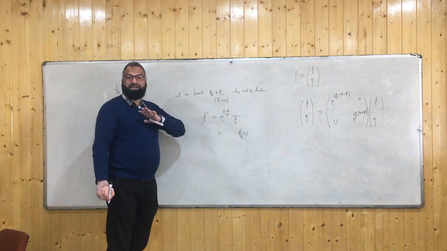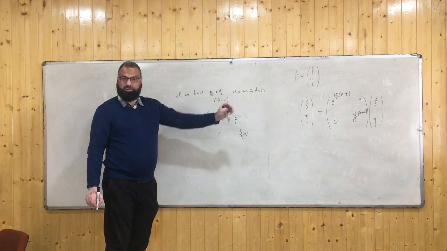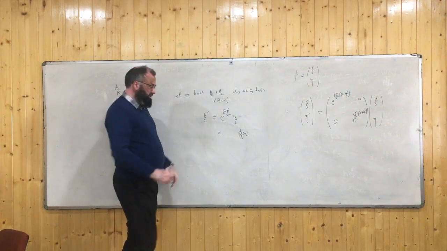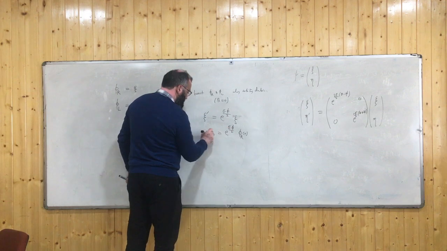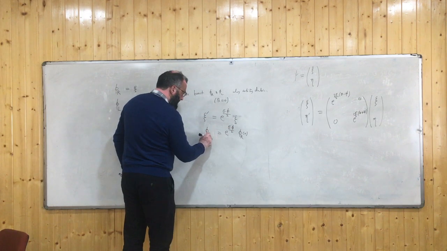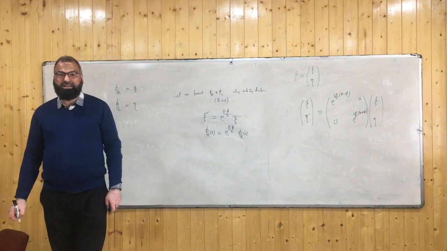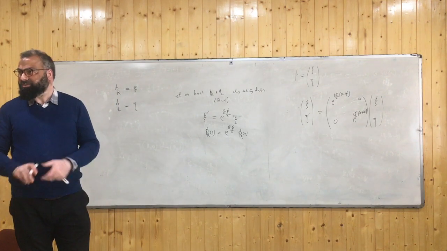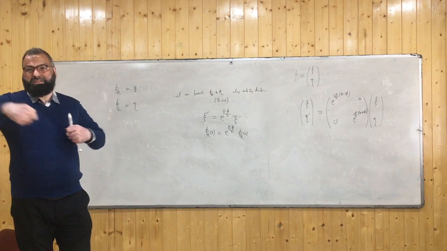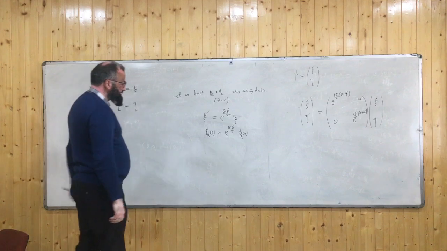Now I am giving it a speed, making the particle move. That is this kind of object, e raised to the power sigma dot phi by 2. It will now carry some momentum p, a four momentum p. Boosting means you give it energy, and it will move with a certain velocity, that means with a certain momentum.